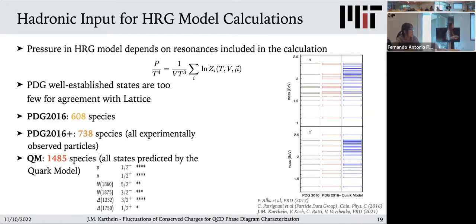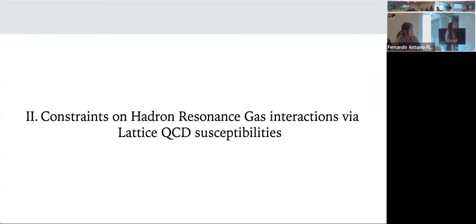And what you can see is, indeed, if I look in the strange sector, going from 2016 to 2016 plus, there are a few more states in the Lambda and Cascade sections. But in the quark model, there are many more states, many more than could be hoped to be measured experimentally. Okay, so let's get into what you can do to modify the Hadron Resonance Gas model.